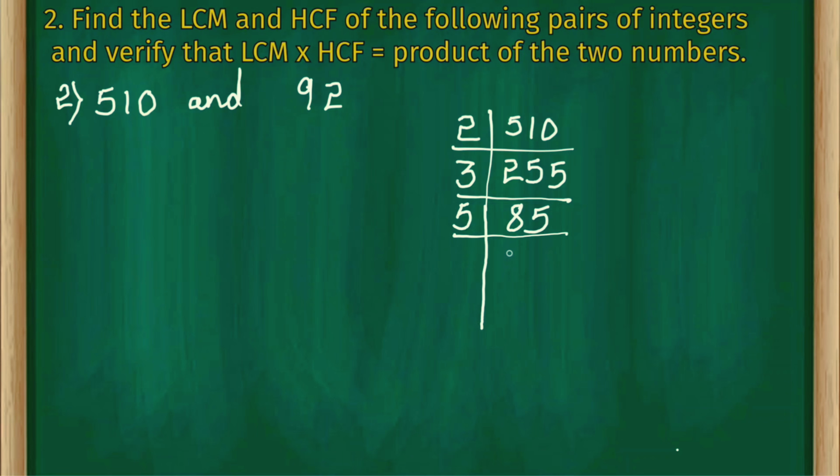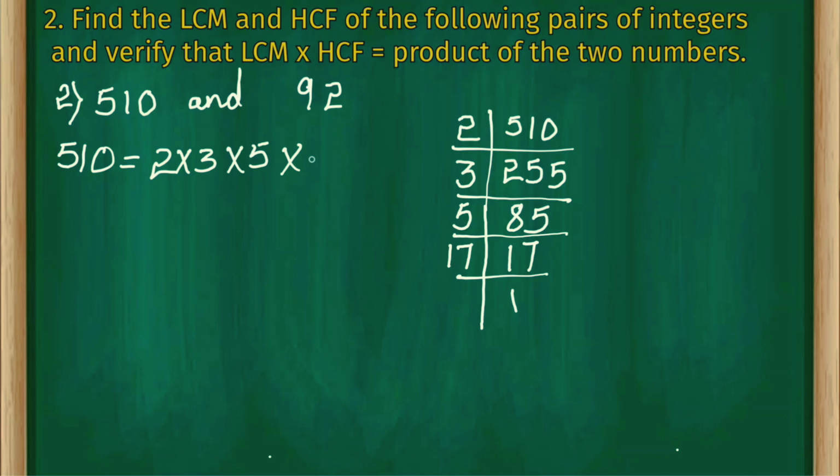After dividing 85 by 5, we get 17, and 17 can be divided only by itself. So 17 will be divided by itself. After doing complete division, we get the prime factors of 510, that are 2 into 3 into 5 into 17.